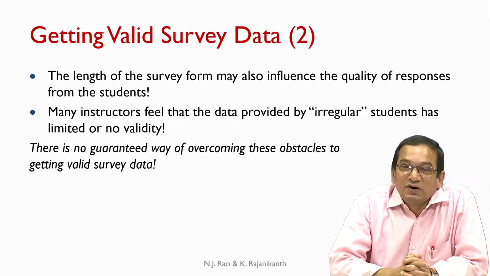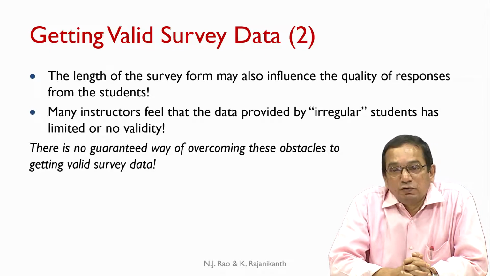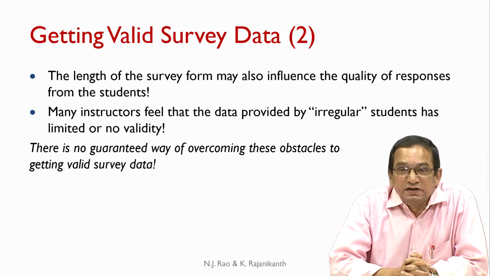There is no hard and fast rule regarding it. So, the instructors have to experiment in their specific context and see what works best. In fact, in general we can say there is no guaranteed way of overcoming the obstacles to getting valid survey data. It does require a certain amount of experimentation from the faculty at the department level, and probably at the institute level also, to see what works best for them.